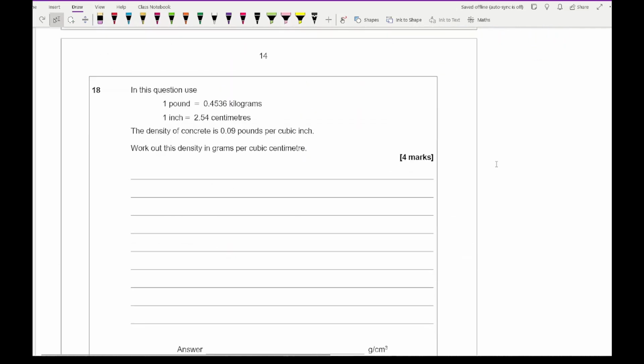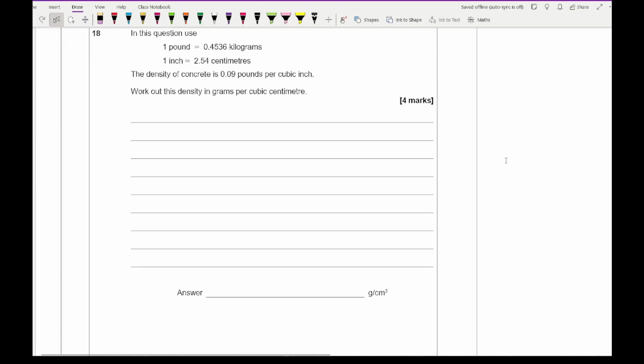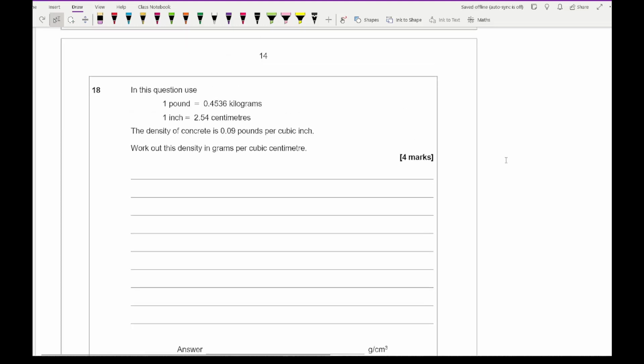Moving on to question 18, it says in this question, use 1 pound equals 0.4536 kilograms, 1 inch equals 2.54 centimeters. The density of concrete is 0.09 pounds per cubic inch, and the question is asking us to convert the units of density to grams per cubic centimeter.